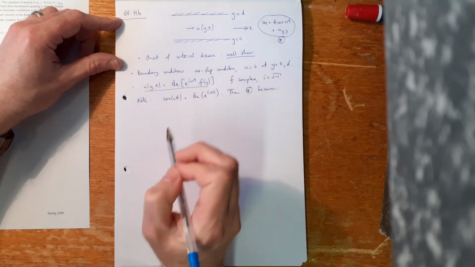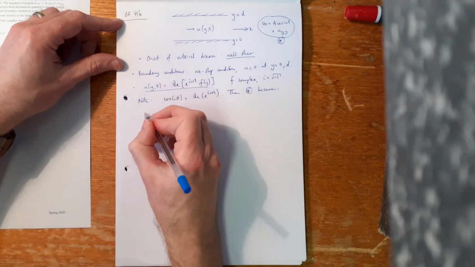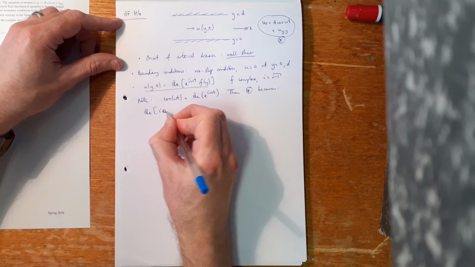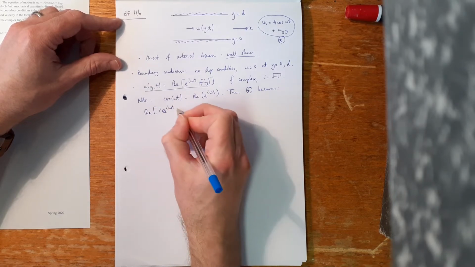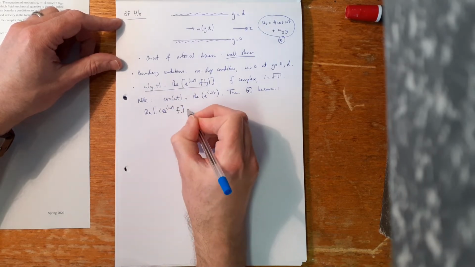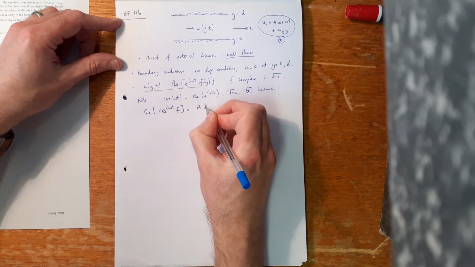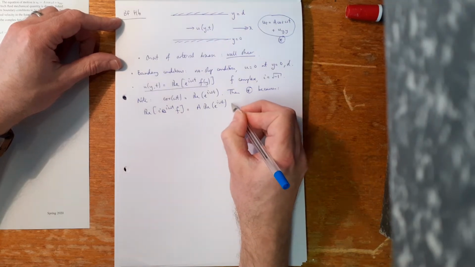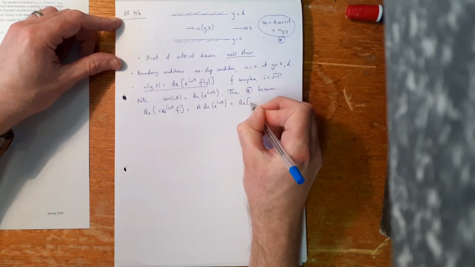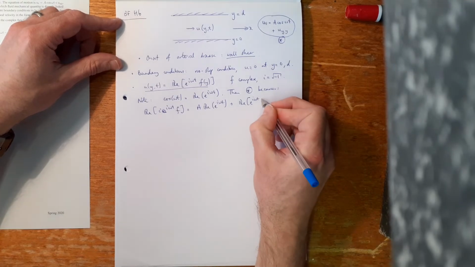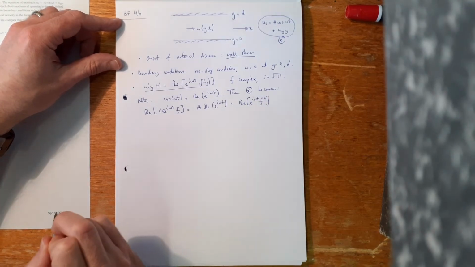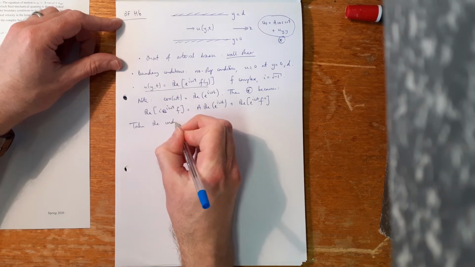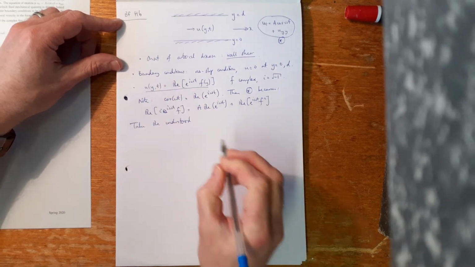So du by dt, I need to differentiate this with respect to t. Let's leave the real part in for now. Differentiate with respect to t, I get i omega e to the i omega t times f on the left-hand side, equal to a times the real part of e to the i omega t plus u_yy, so that's the real part of e to the i omega t times f double dash. Okay, so now let's take the real part as understood.